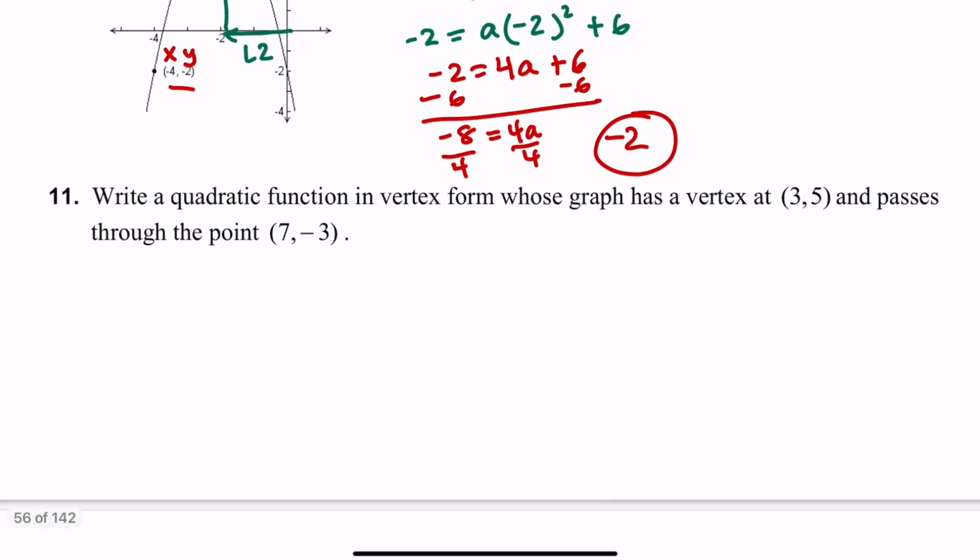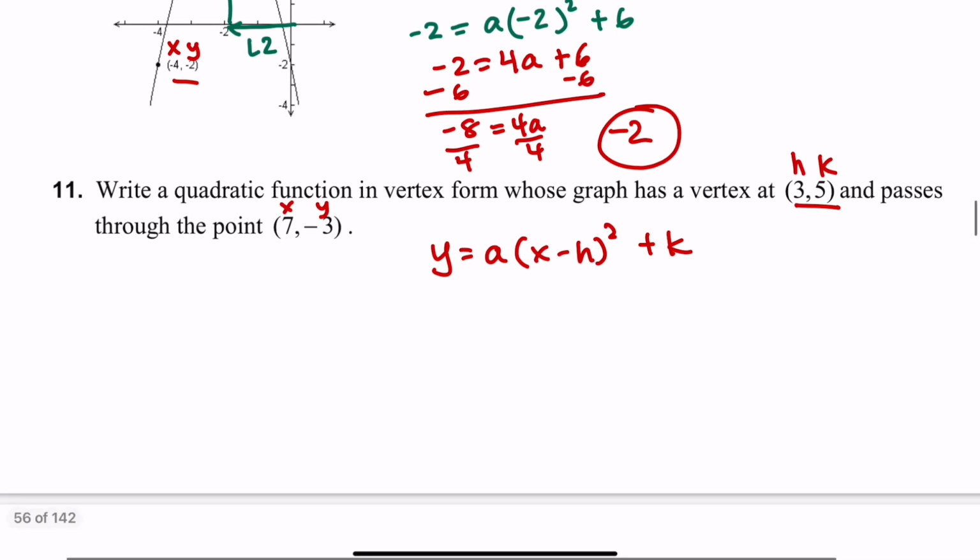Number 11, we have the vertex here at 3, 5. So every parabola in vertex form looks like this: a times (x minus h) squared plus k. And our vertex is our h, k. So we're going to just plug these numbers in. We're going to plug these ones in for our x and our y.